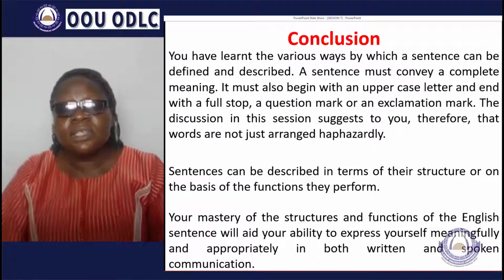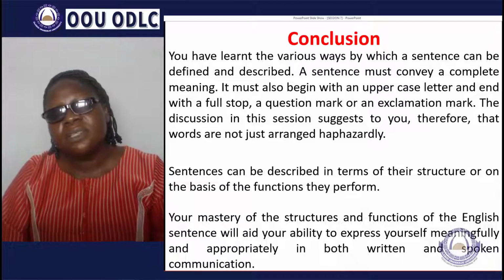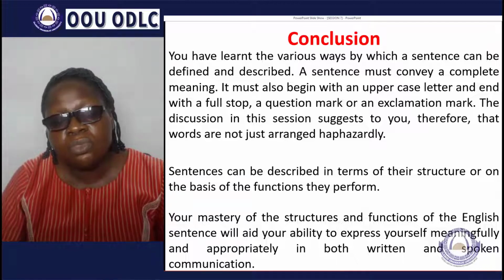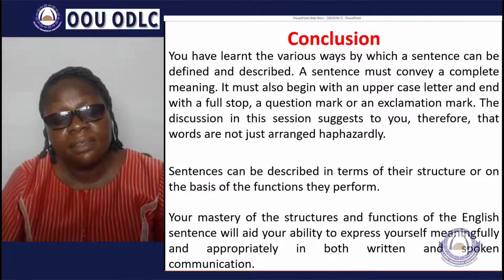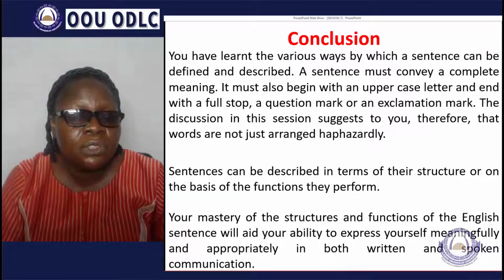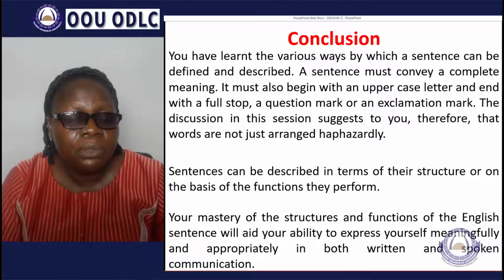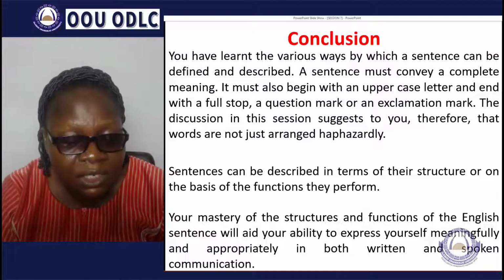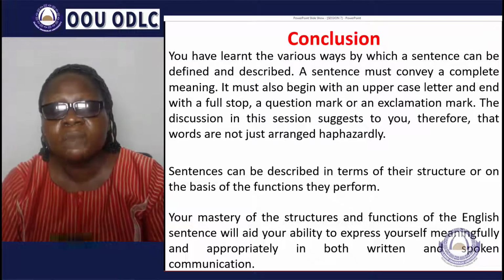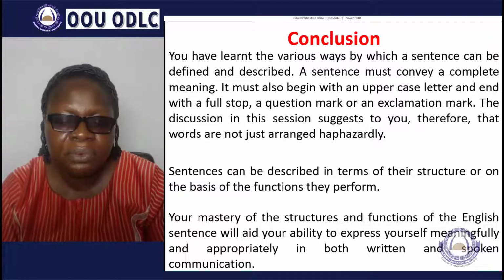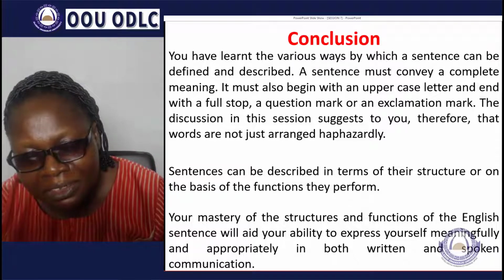The discussion in this session suggests to you, therefore, that words are not just arranged haphazardly. You don't just string words together the way you like. Sentences can be described in terms of their structure or on the basis of the functions that they perform. Note that your mastery of the structures and functions of the English sentence will aid your ability to express yourself meaningfully and appropriately in both written and spoken communication.